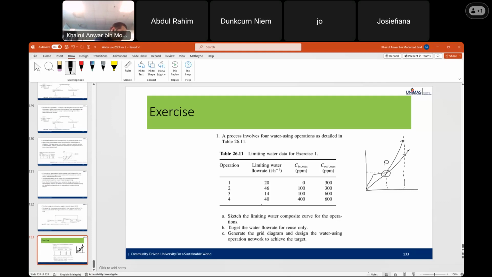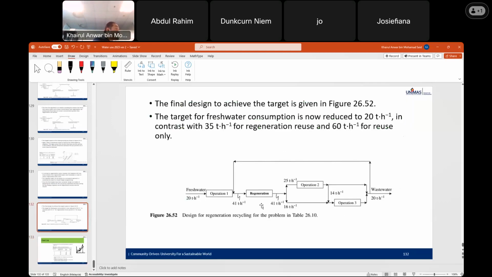That one is figure 26.19, page 598. Yeah, okay. So in the end, the answer would be something like this. Yeah, this is the water network.